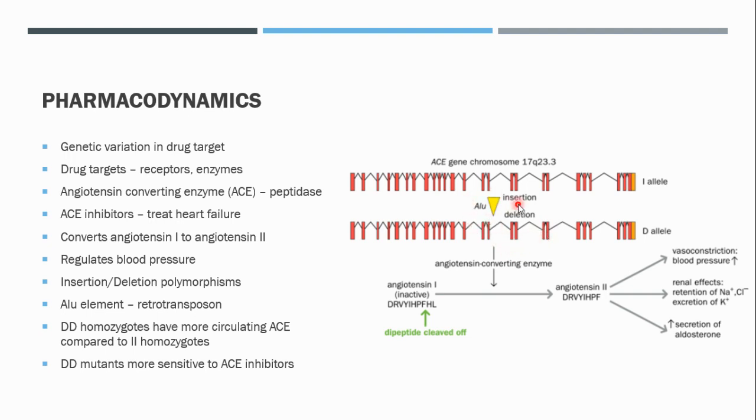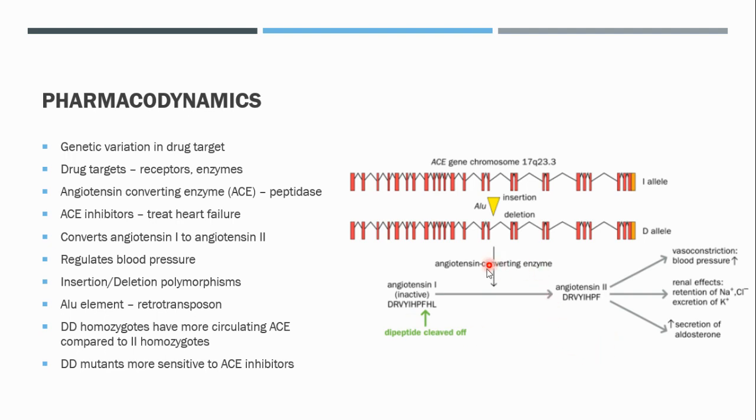So here we have patients with the I allele or the insertion allele and patients with the deletion. So patients with the insertion have the II homozygous allele, and patients with the deletion have the DD allele or homozygous deletion. And what has been found is that patients who have the DD allele are more sensitive to ACE inhibitors. And that's because they have higher circulating levels of ACE, and therefore they are able to convert more angiotensin 1 to angiotensin 2.